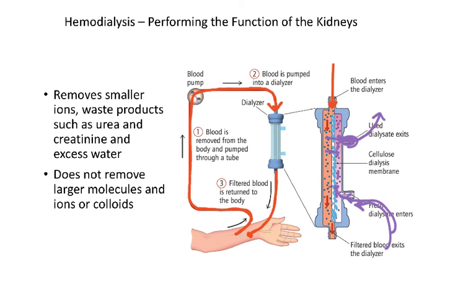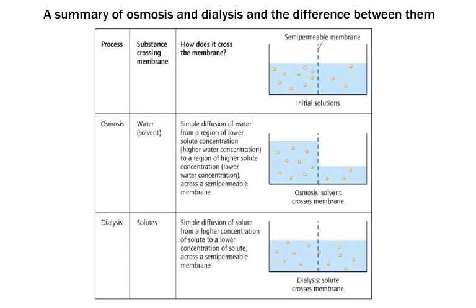And so now you know when you encounter this, it's removing solutes by passing through a semi-permeable membrane from high concentration to low. Okay, let's look at a summary of these two and the difference. This is similar to a couple slides ago, but I really like this figure. I think this was from a previous edition of your textbook, and for some reason they took it out, but I liked it, so I kept it, and I'm giving it to you right now.